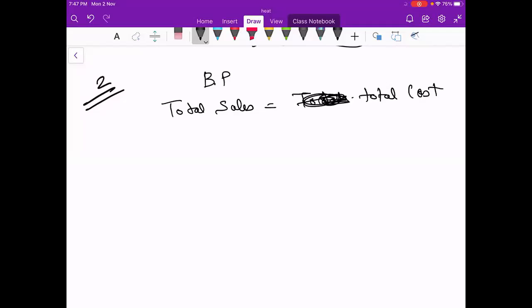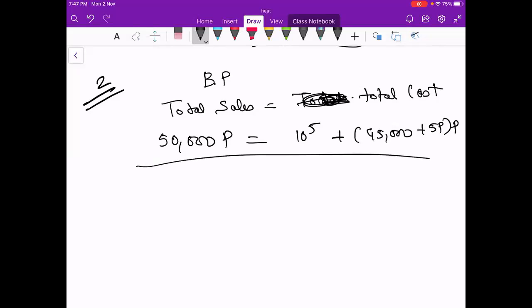So what is total sales? 50,000 P. We know it is a function of P. Total cost is 1 lakh, which is fixed charges, plus 45,000 plus 5P into P. This is our formula of break even that we have seen. So one quadratic equation will come.